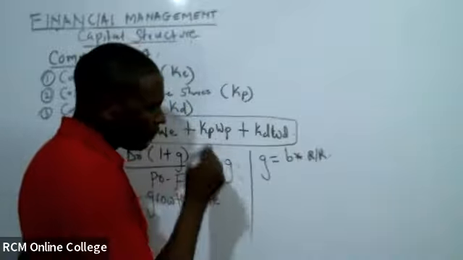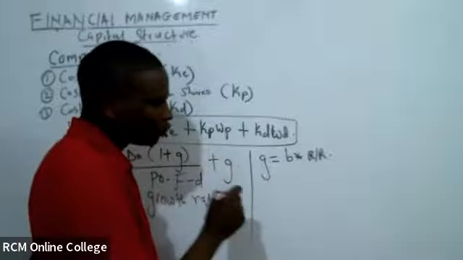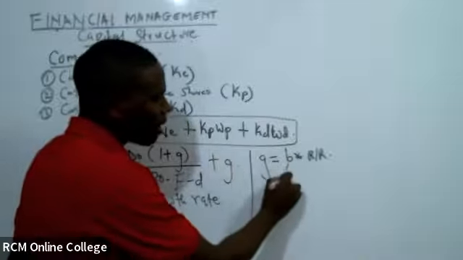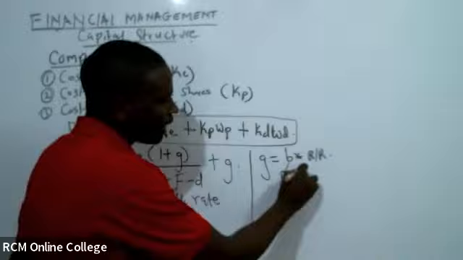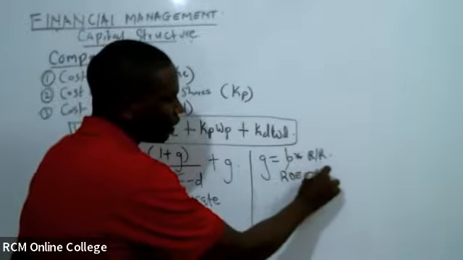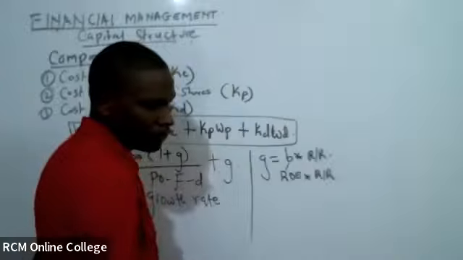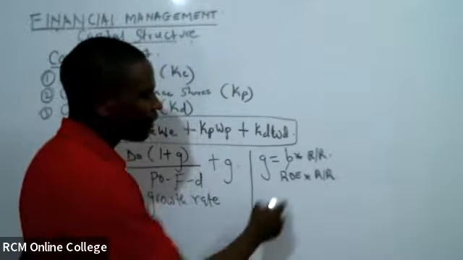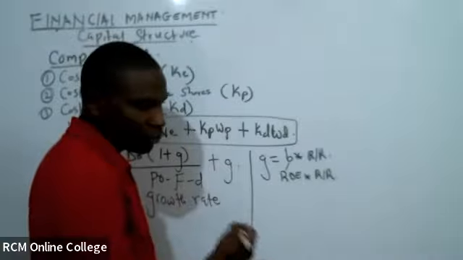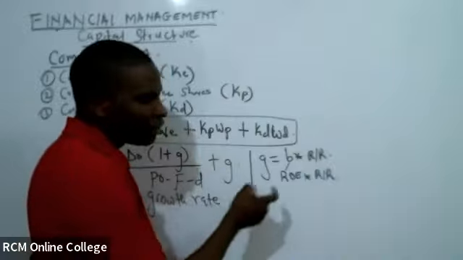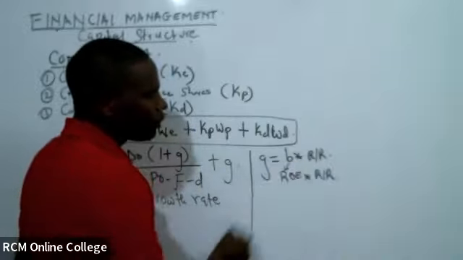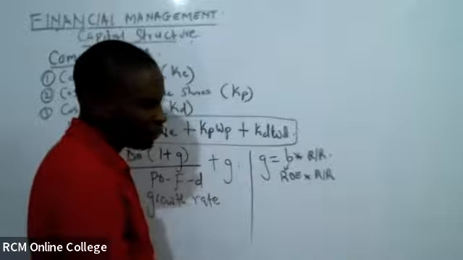You see, b times retention ratio. How do we get b? Remember, b is our return on equity, and then there is the retention ratio. So in that instance, you are going to get your growth.